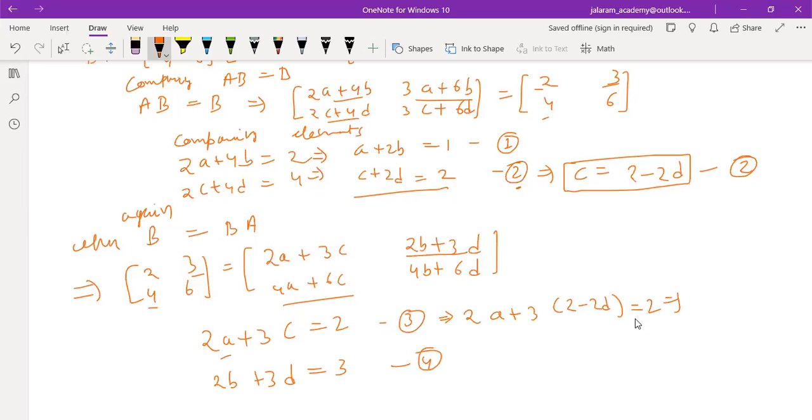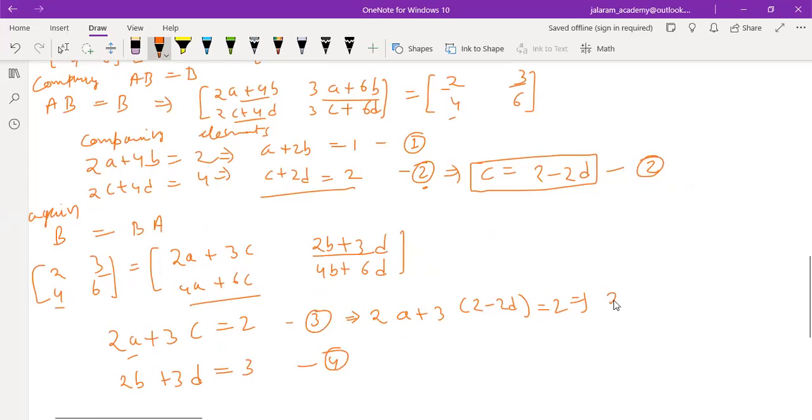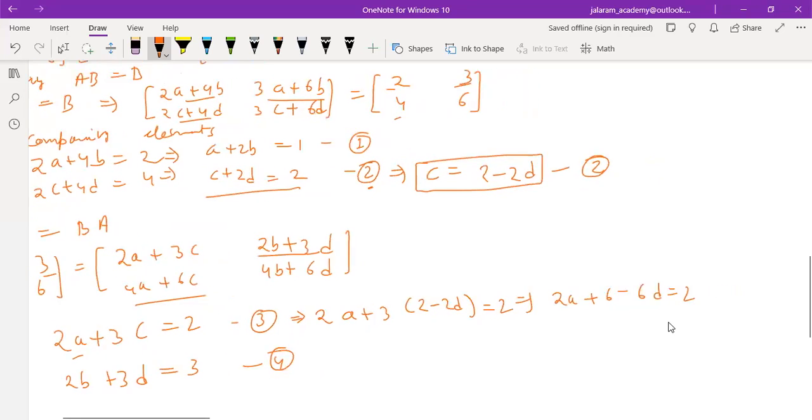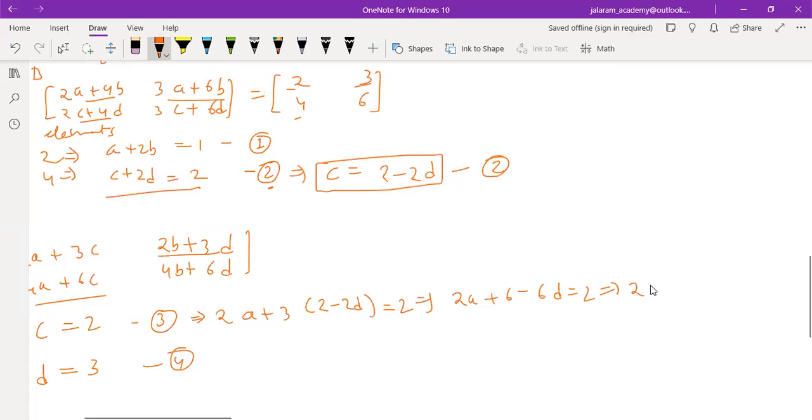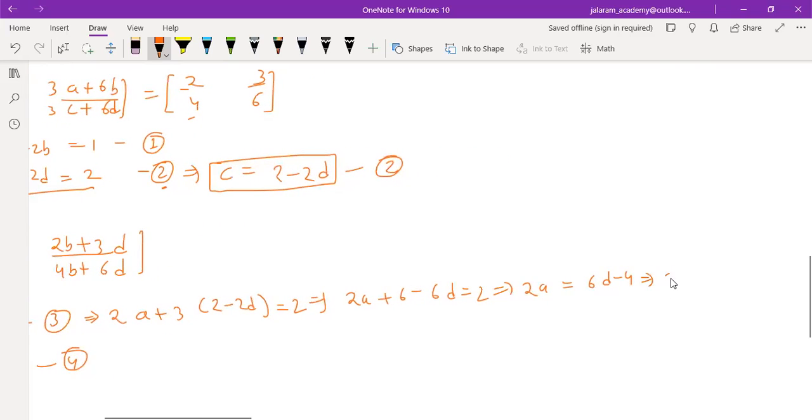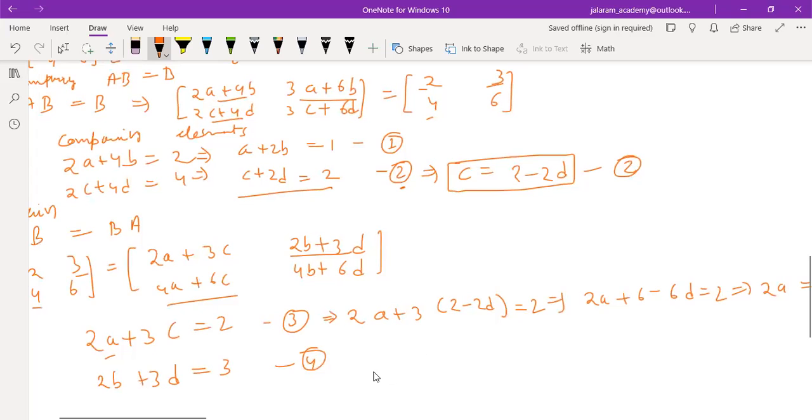It implies 2A plus 6 minus 6D equals 2. It implies 2A equals 6D minus 4. That is A equals 3D minus 2. This is now equation number 3, which is giving A in terms of D.